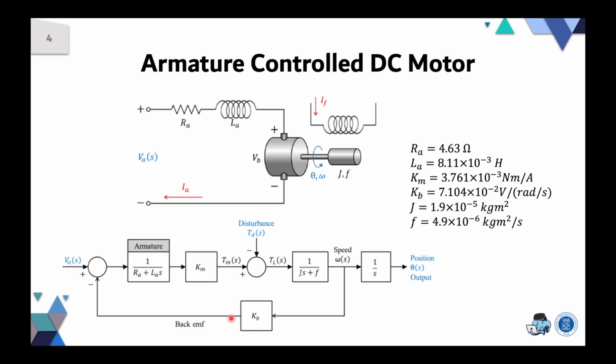The way we obtain the back EMF is a constant, the back EMF constant, multiplied by the omega. This is the Km, the motor constant, and this is the Kb, the back EMF constant. That's all the difference.